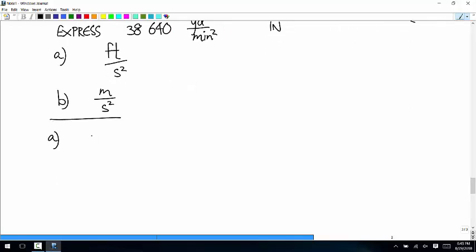Okay, so we're starting out with 38,640. Oh, and let me give the conversions that we're going to use too. So we know that 1 yard is 3 feet.